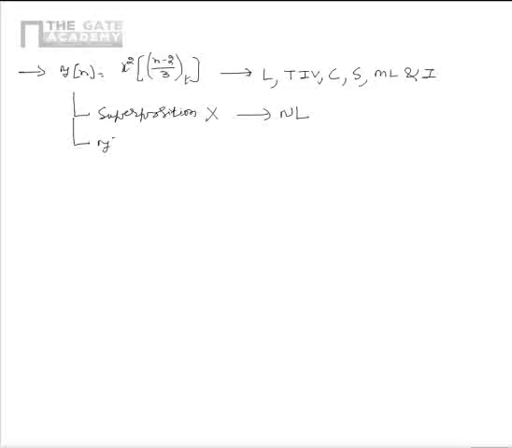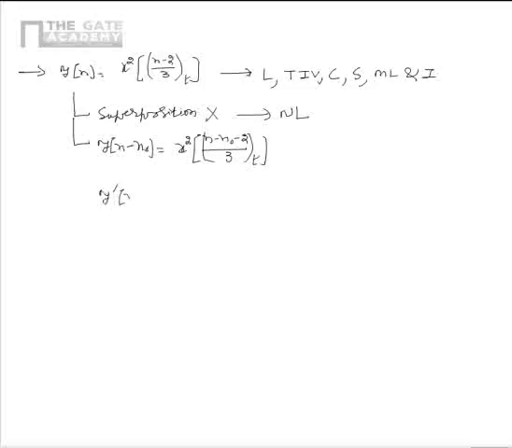Also, we can say that the delayed version of output, that is y of n minus n naught, is equal to x square of n minus n naught minus 2 divided by 3. This is by replacing n by n minus n naught.